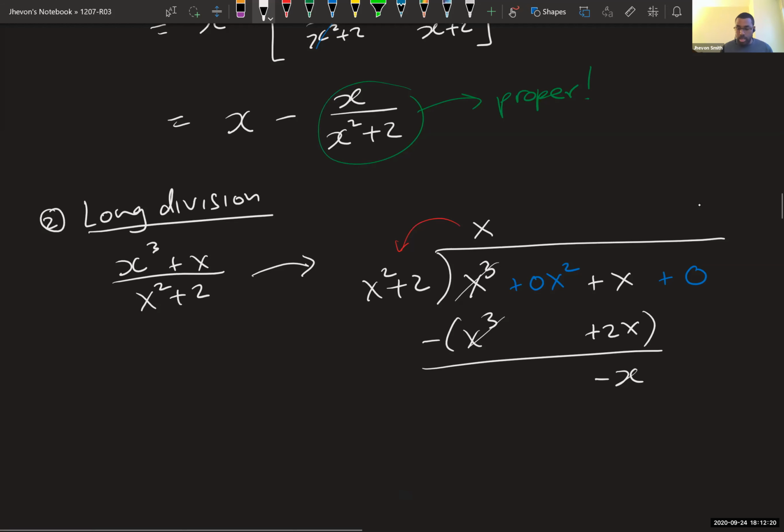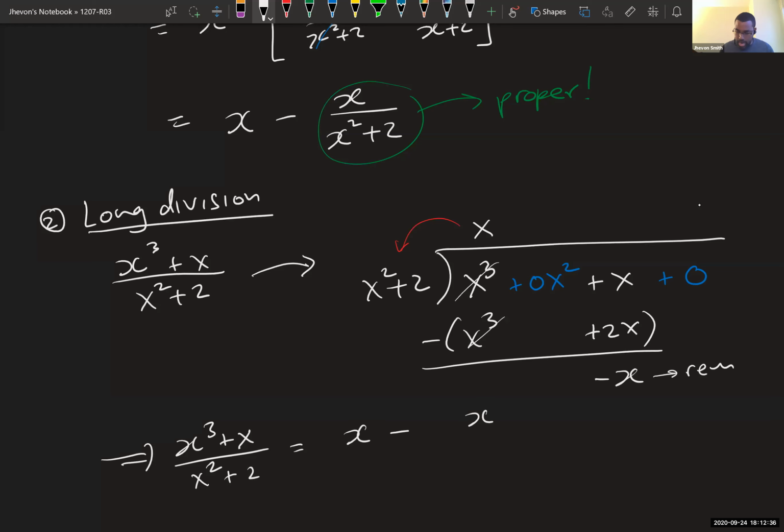And x squared does not go into x, so this here is my remainder. And so I get that my x cubed plus x all over x squared plus 2 is the x in the numerator minus the remainder over the divisor. All right, so I can get that as well.